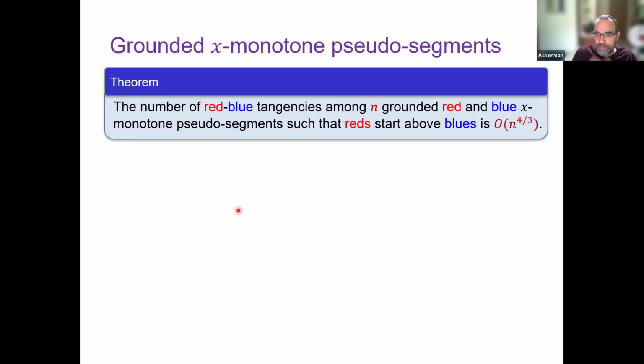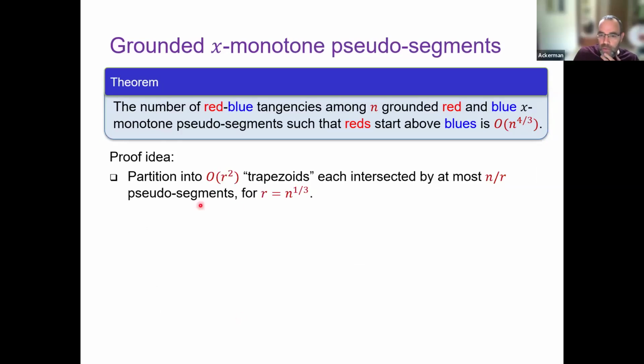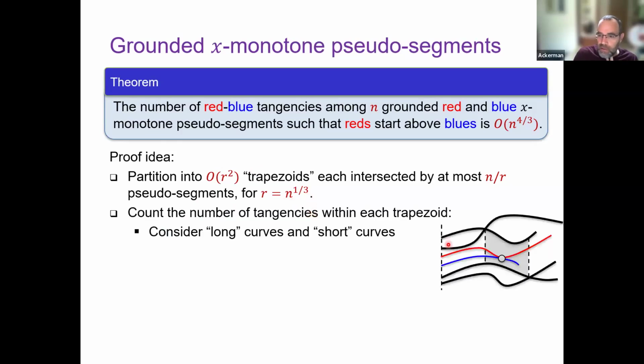So we use this cutting lemma with r equal to n to the power of 1/3, and then we consider the number of tangencies within every trapezoid. We consider the curves that cut the trapezoid as long curves, which cut through the trapezoid, and short curves, which have one of their endpoints inside the trapezoid.